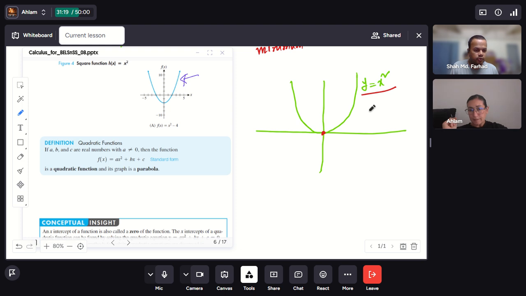And the vertical line which passes through the vertex point, the line which passes through the vertex point, is called the axis of this parabola.